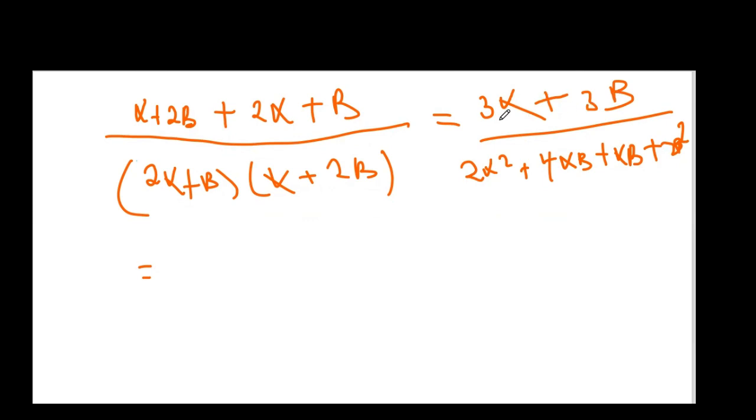You can see that on top there, we can factorize the 3. You can say 3, then in the brackets, what do we have? Alpha plus beta.